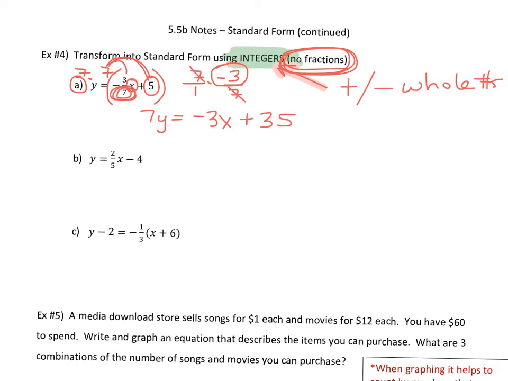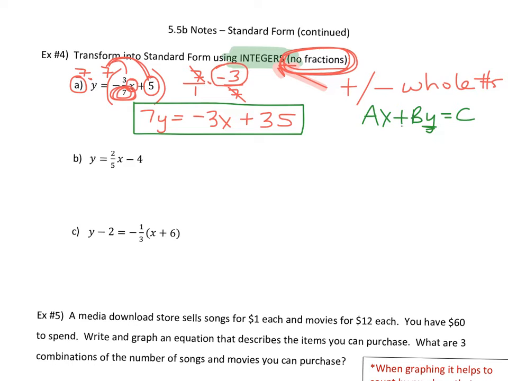Is this in standard form right now? No, not quite. What do we have to do? What does standard form look like? Ax plus by equals c.